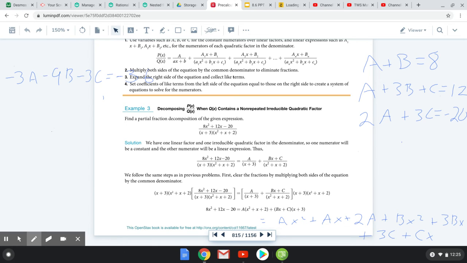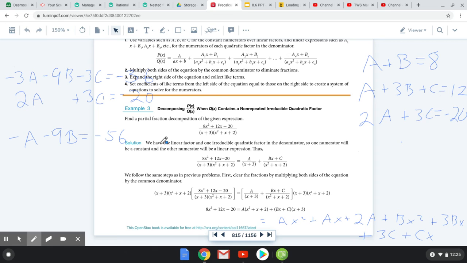Sorry, that's over the words. It's negative 36. And then adding to that 2a plus 3c equals negative 20. So we end up with negative a minus 9b equals negative 56.